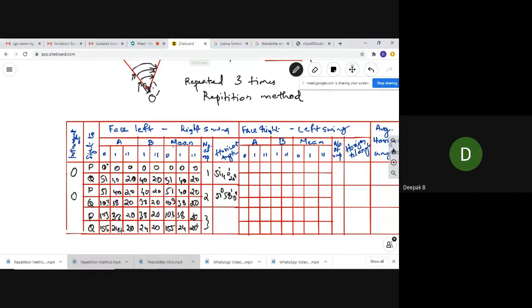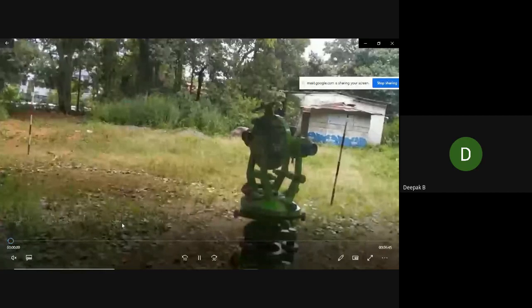And the third repetition, what do we get? Subtract and tell me. That is 51 degree 46 minutes. Okay. Now we'll have to do the repetition method in the other swing.